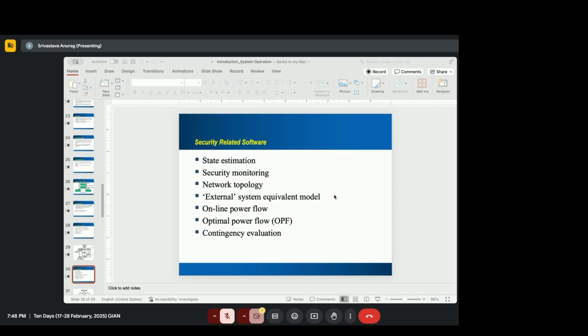So load flow, or power flow, cannot be solved with changing measurement. While dynamic state estimation we solve with changing measurement with dynamic analysis, but that requires integrating differential equations into state estimation.